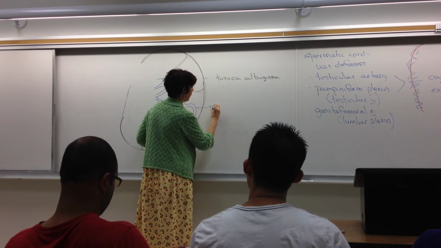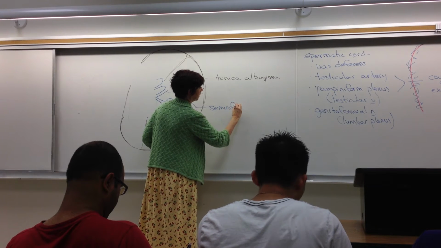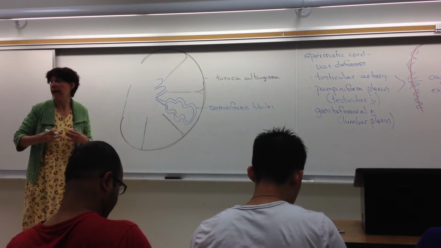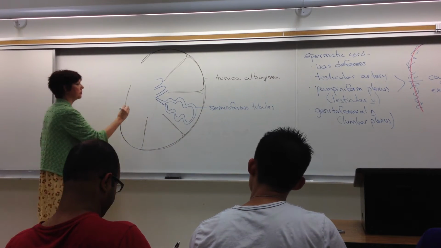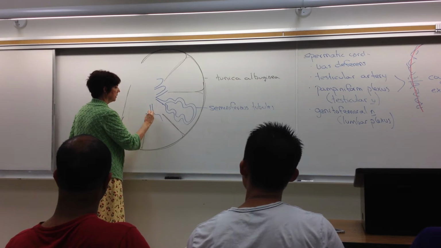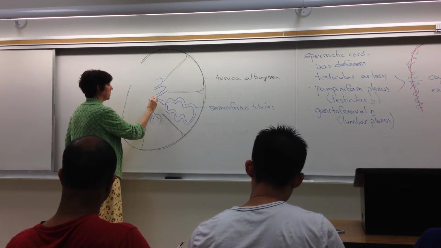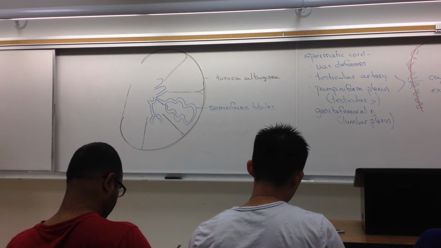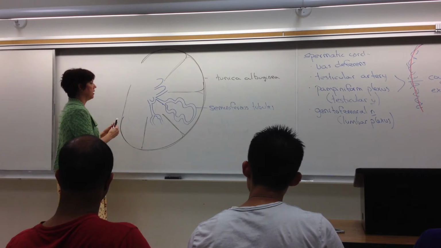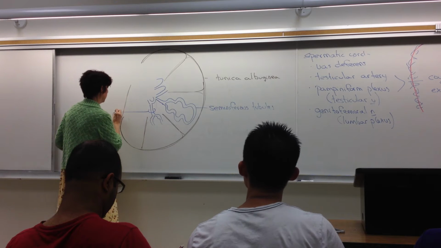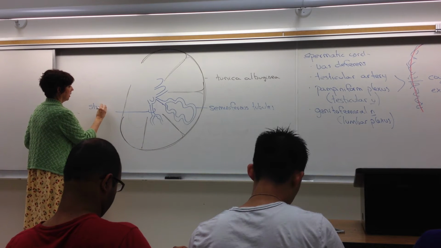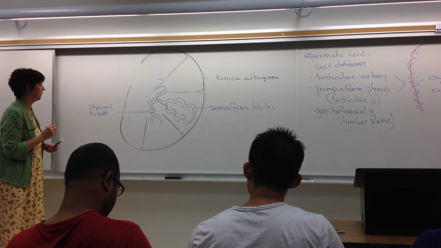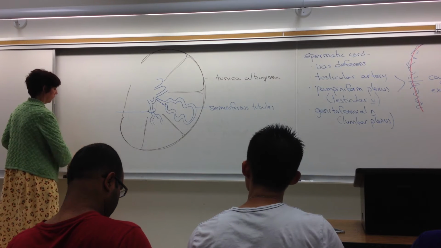And these tubules are identified as the seminiferous tubules. Okay, we'll come back and talk about them in a little bit more detail. But the straight section of the seminiferous tubules joins together, and that's what it's called, the tubuli recti, or most commonly referred to in English as the straight tubules. Okay?